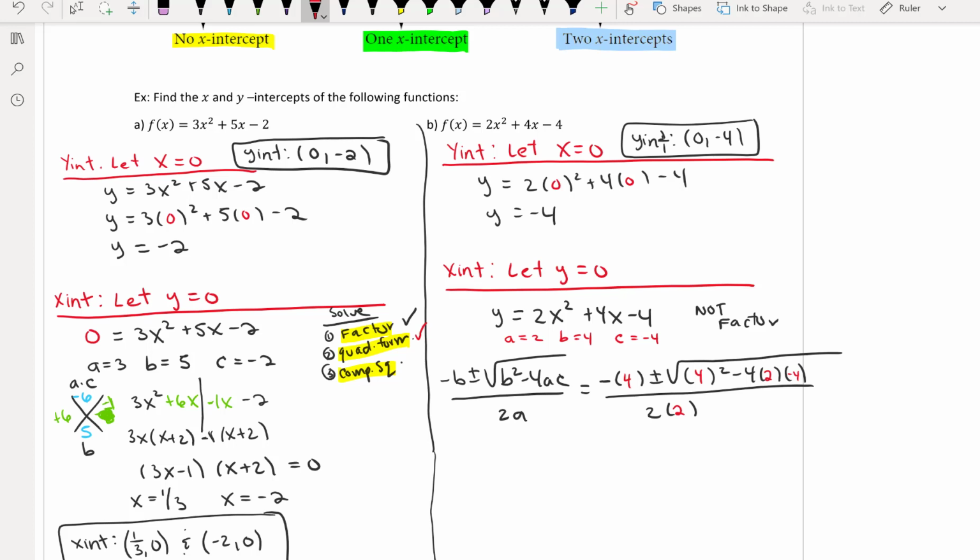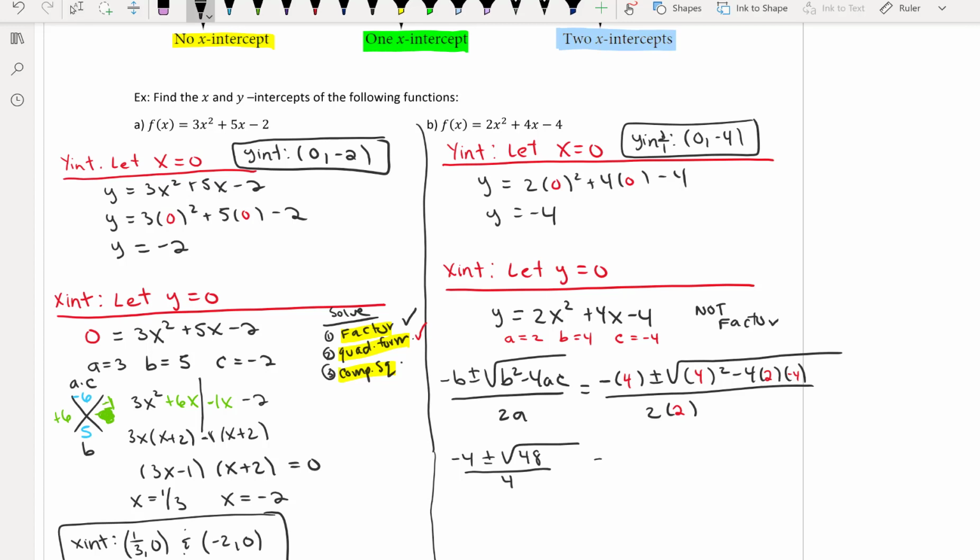So I'm going to plug this into my calculator and get this to reduce a little bit. So I have a negative 4 plus or minus, on the inside, let's see, 4 squared minus 4 times 2 times a negative 4. That gives me a positive 48 on the inside. And I have a positive 4 on the bottom.